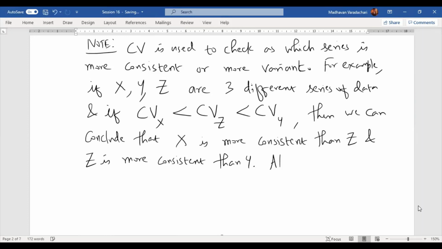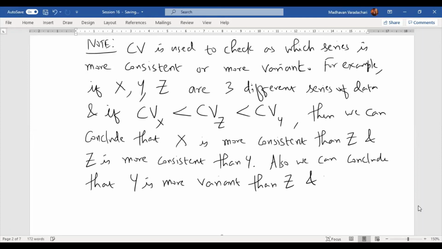Also, we can conclude that Y is more variant than Z, and Z is more variant than X. So that way it is being used.